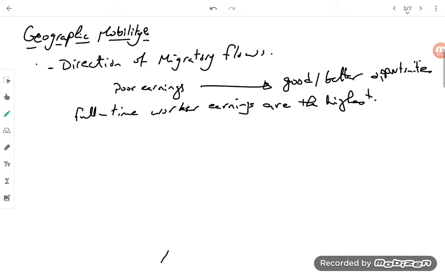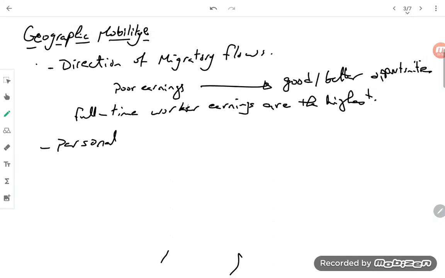What are the personal characteristics of the movers? Do you think anyone who would like to move from one country to another can move without any restrictions or conditions? Of course not.